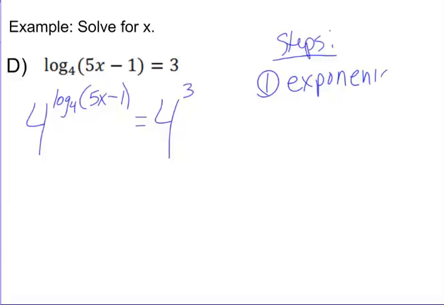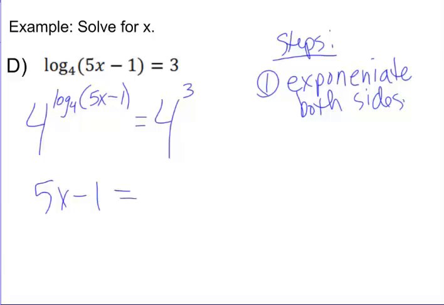Exponentiate both sides. Okay, so you're going to exponentiate both sides. Remember that property? If these are the same, they're inverses, that just equals 5x minus 1. This side is 4 to the third power. What's 4 to the third power? Solve the equation.